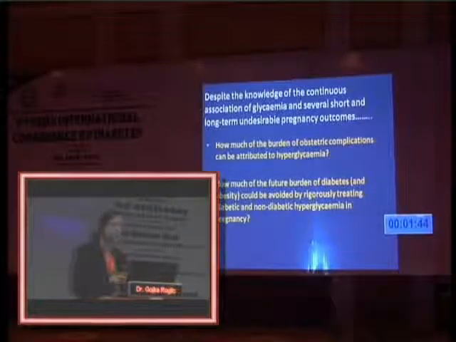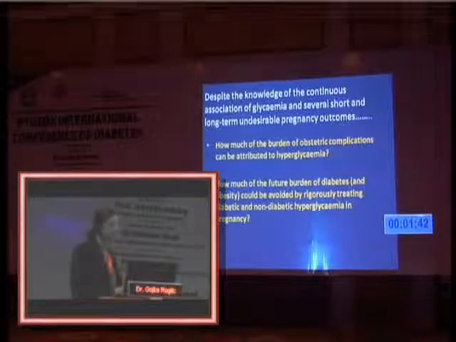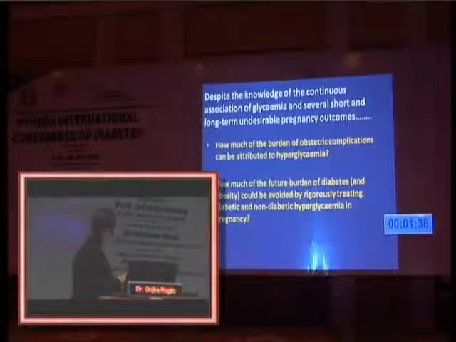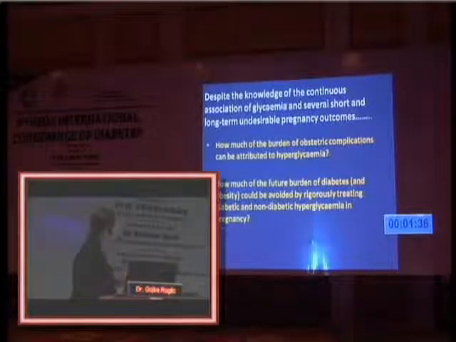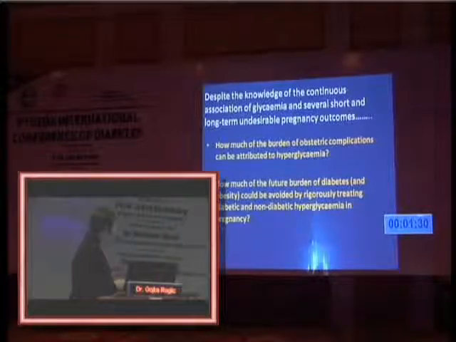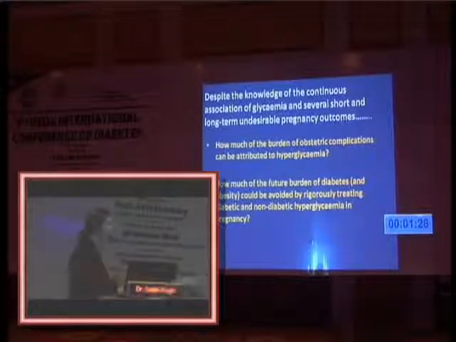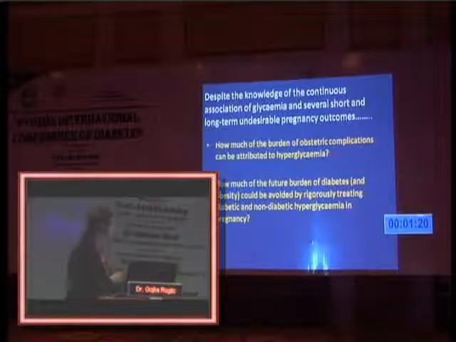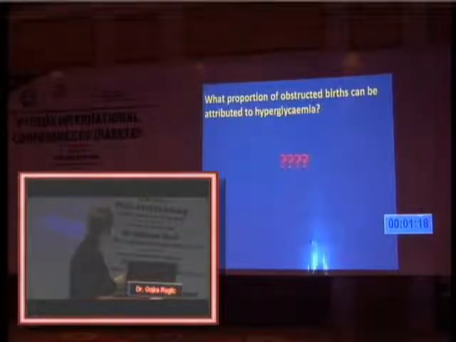But actually, for gestational diabetes, with the mild hyperglycemia, we don't really know how much of the burden of obstetric complications can be attributed to hyperglycemia. And we don't know how much of the future diabetes and obesity we could avoid if we treat rigorously every diabetic and non-diabetic hyperglycemia in pregnancy.